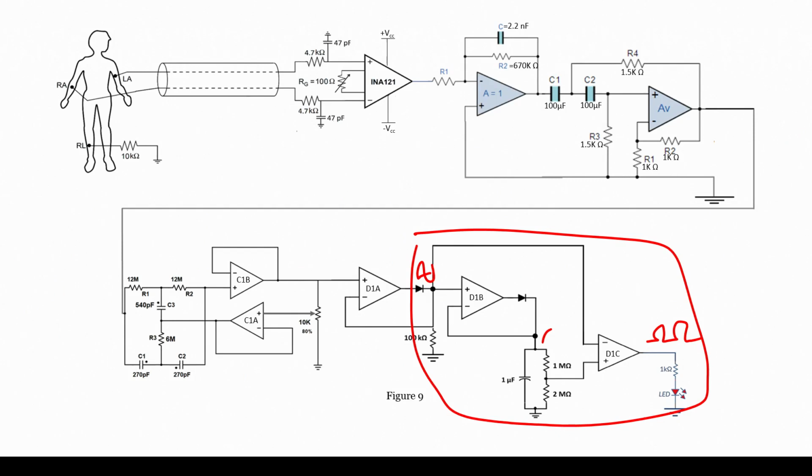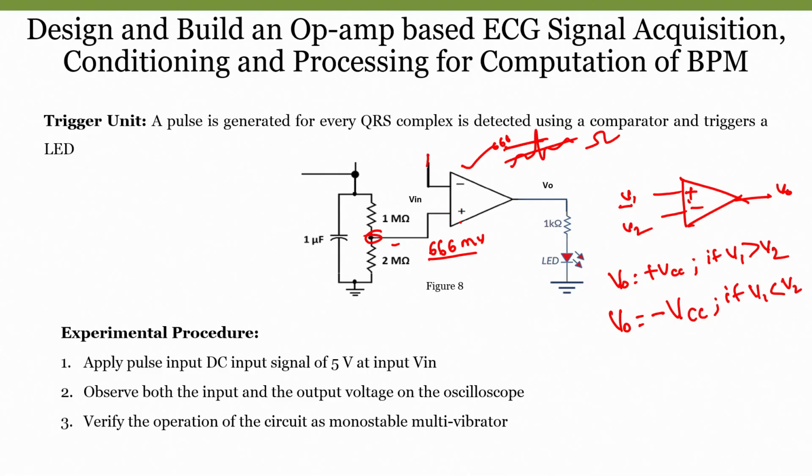Now, when we recall our comparator working, one thing we are sure is that the output will be higher only when the input signal is greater than this particular value, right? That is what we have seen in the calculation. Now, to quickly understand that, why don't we take some values? Take a sine wave. I am applying a sine wave of 1 volt and the threshold value is 660 millivolt.